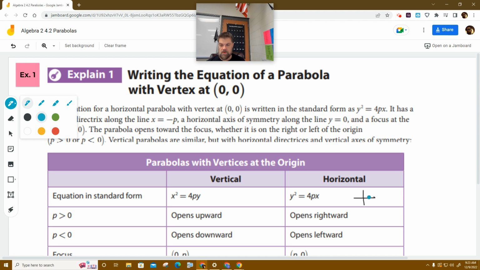This is what they mean by a horizontal parabola. It looks like this. But when we graph a vertical parabola, notice that we have y times 4 times p equals x squared. And that's what you guys are used to, right? That's what we just talked about, is it looking like this. Oops. It's really difficult to draw vertical lines on this thing.